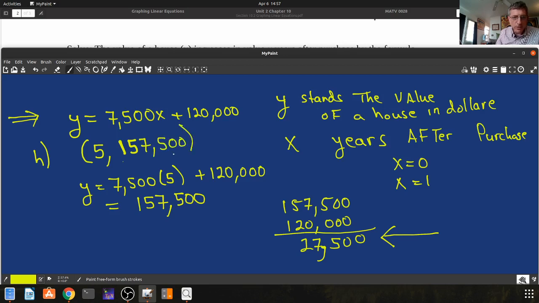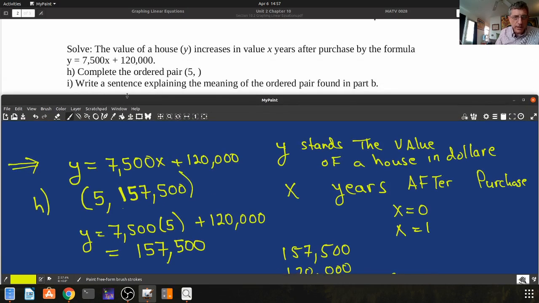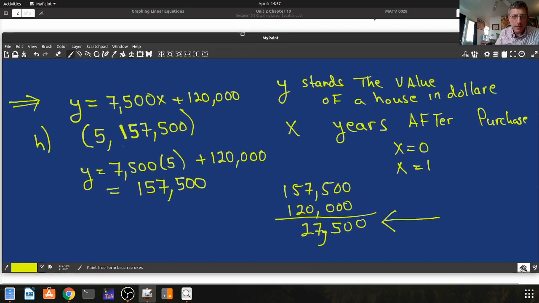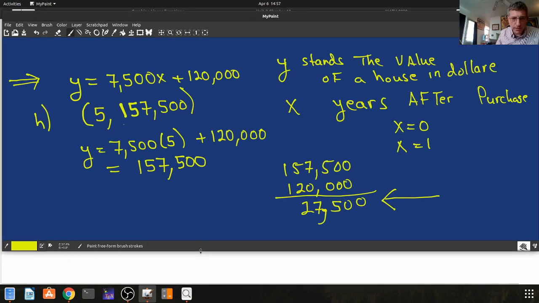So that's the ordered pair. So the next thing they're asking us to do is to write a sentence explaining the meaning of the ordered pair found in part B, which is labeled here as H. Well, we already did that. So let's do it formally.